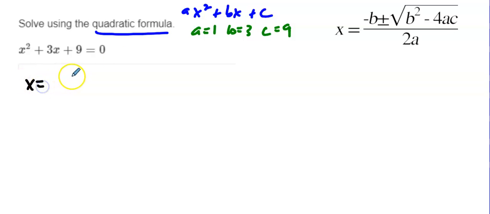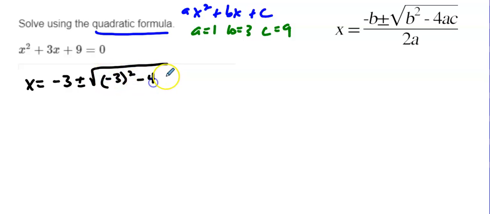So x is going to be equal to the opposite of b. So it's going to be negative 3 plus or minus the square root of negative 3 squared minus 4 times 1 times positive 9, all over 2 times 1. So now we evaluate.